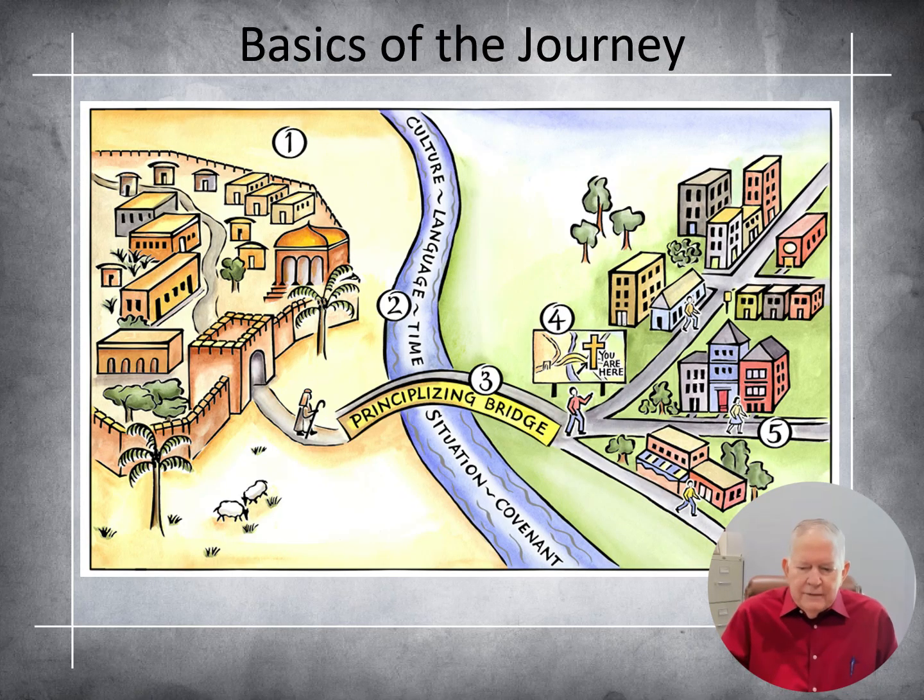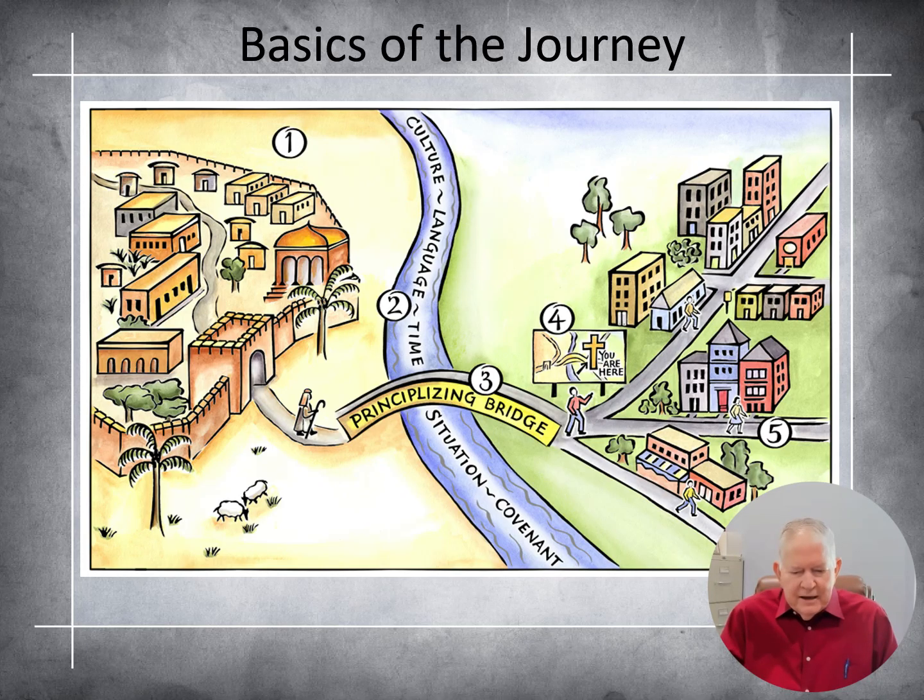And number 1 is grasping the text in their town, whether it's 1st century material or before. And then number 2 is measuring the width of the river that you're going to cross. You got to cross over from the old to where we are today. And so you got to measure it.